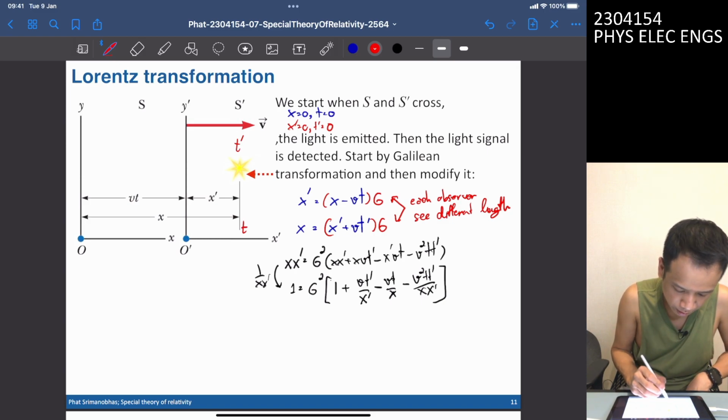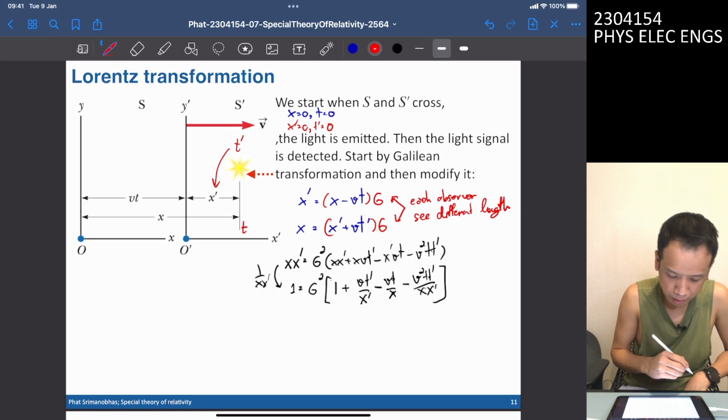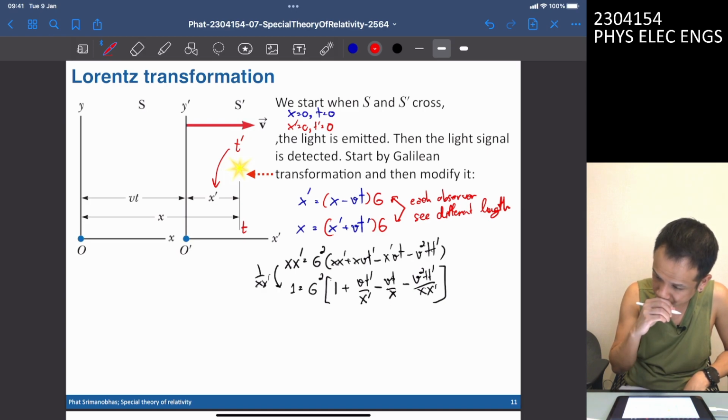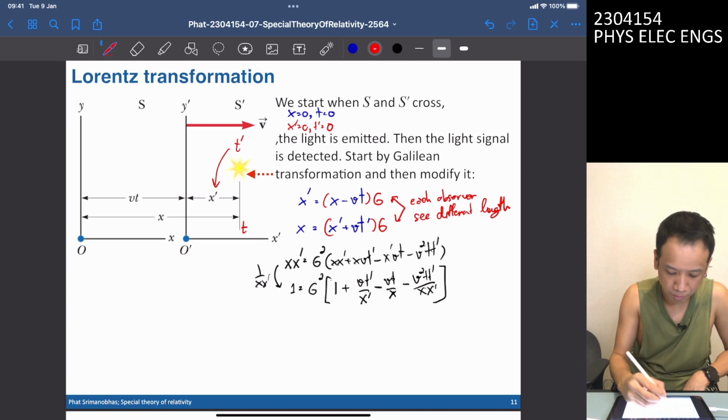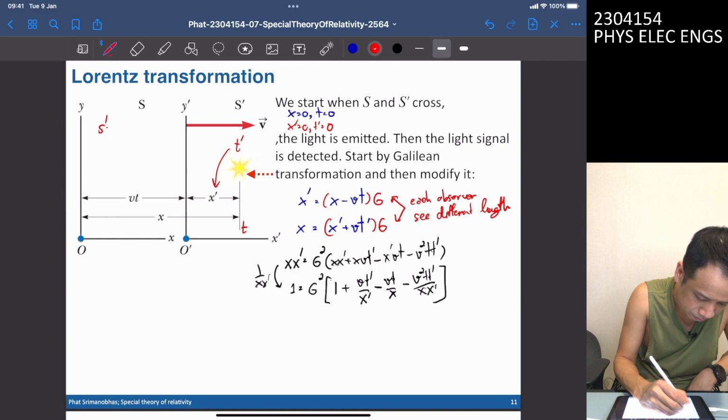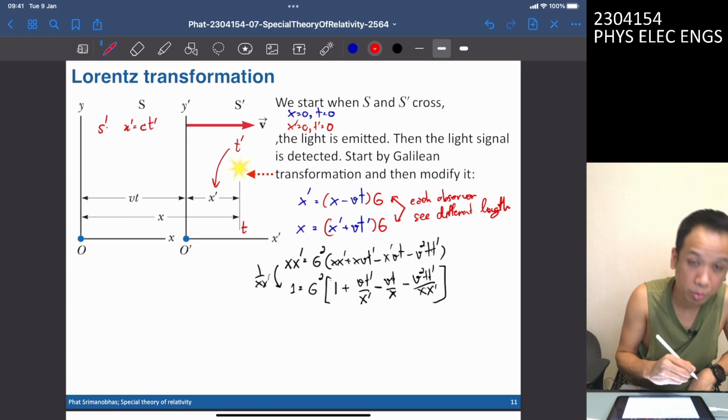So the light is traveling the distance x in the time t prime. For S prime, the distance x prime equals c times t prime.